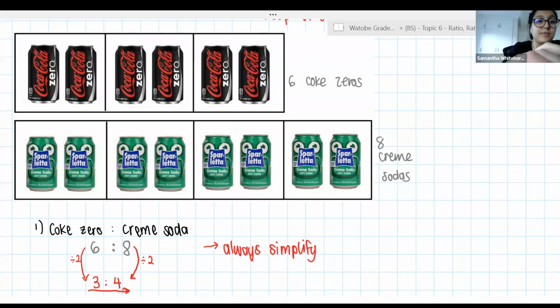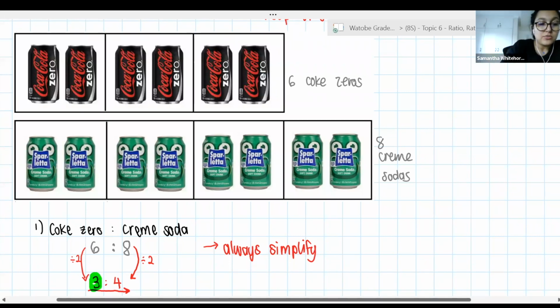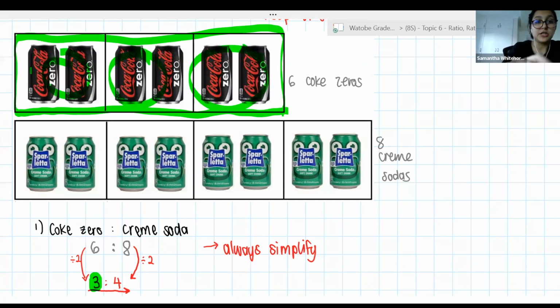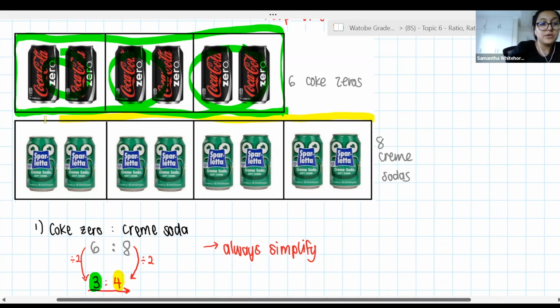And if you don't agree with me, let's see why that's true. We can see that this 3 comes from the Coke Zero, because these Coke Zeros, you can see, are fitting into 3 equal blocks, each with 2 Coke Zeros in each. Still represents the same number that we had initially. If we have a look then at our cream soda, we've got 4. These 8 cream sodas are in 4 blocks. It represents the same thing as what I initially had.